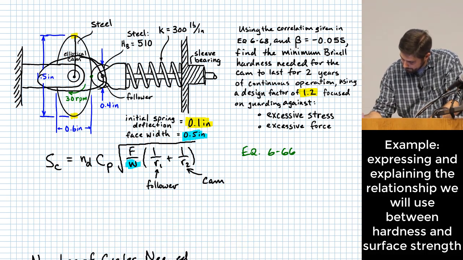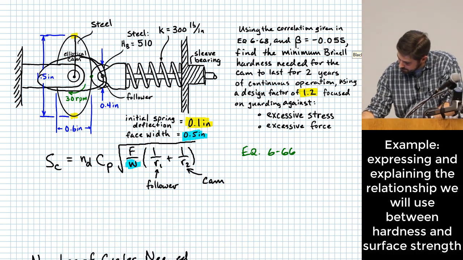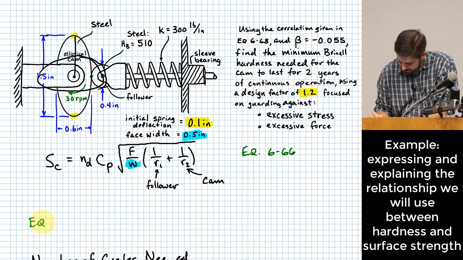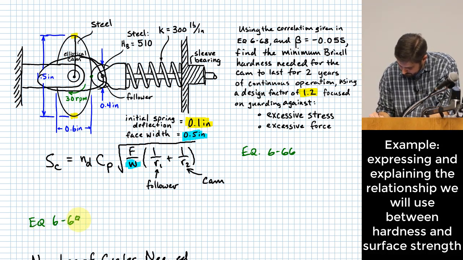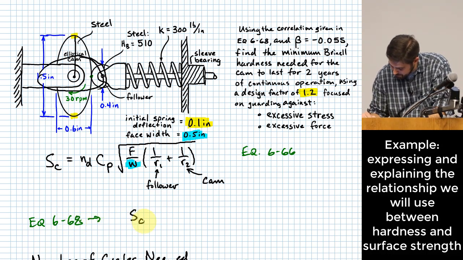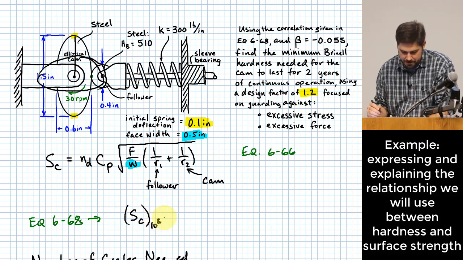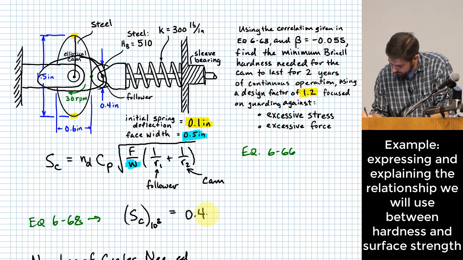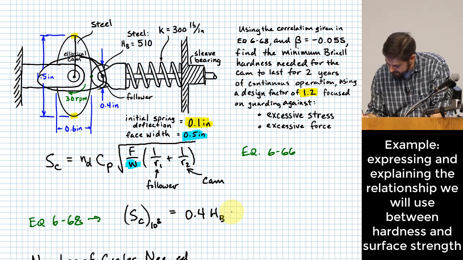So this is equation 668. It says S sub C that you have at 10 to the 8th cycles is going to be equal to 0.4 times your Brinell hardness minus 10 KSI.